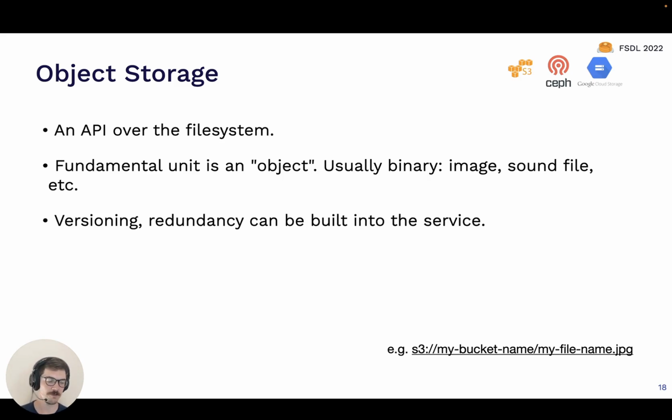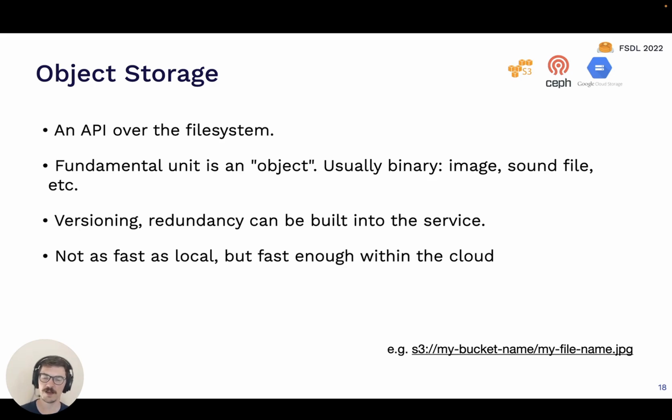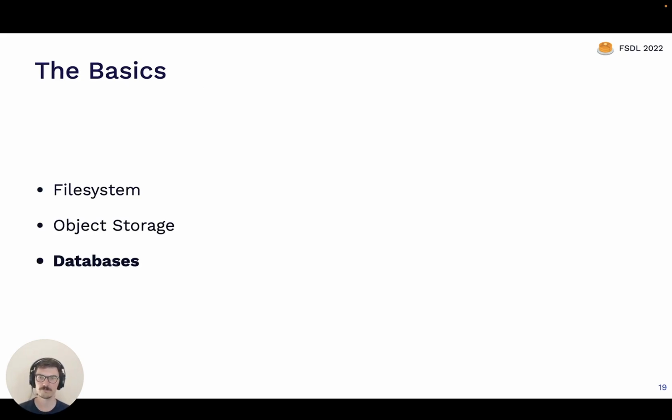So instead of a file that can easily be overwritten and isn't versioned, whenever I update an object, it's actually just updating the version of it. S3 is the most common example. And it's not as fast as the local file system, but it's fast enough, especially if you're staying within the cloud.